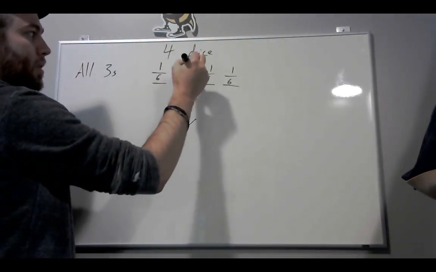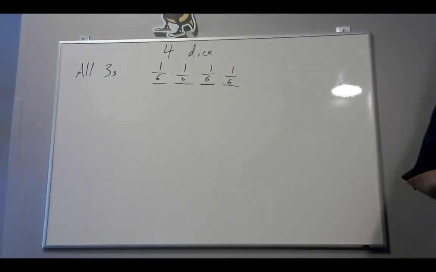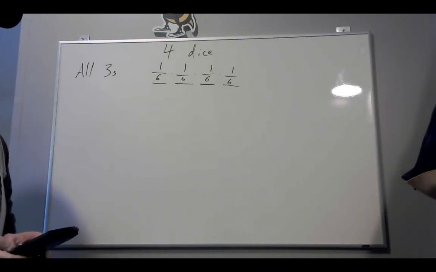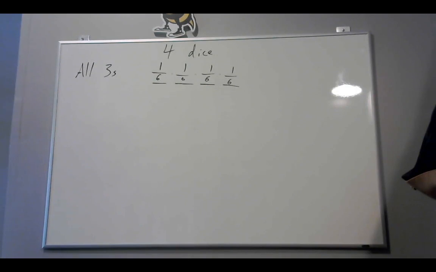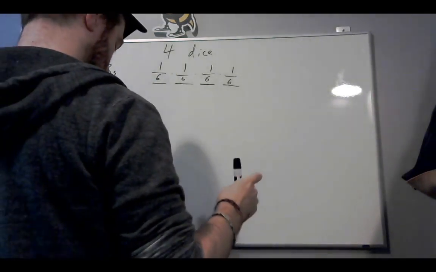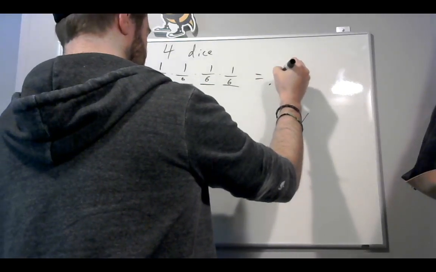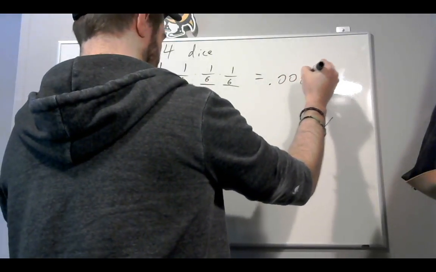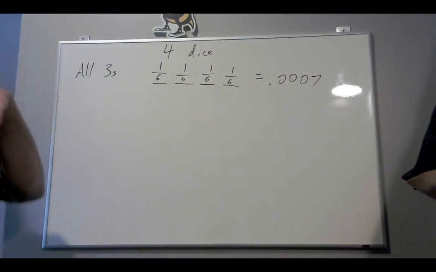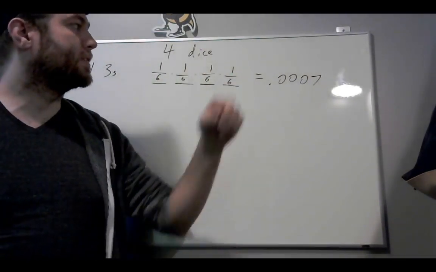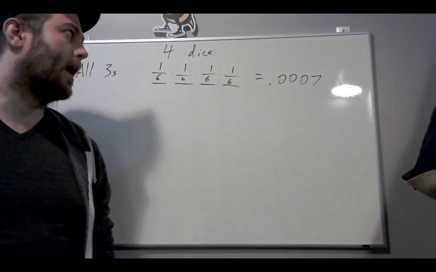So we can multiply all of these together and we get 0.0007. So the probability that all of them become a 3 is 0.0007. Not a very good chance of that happening.